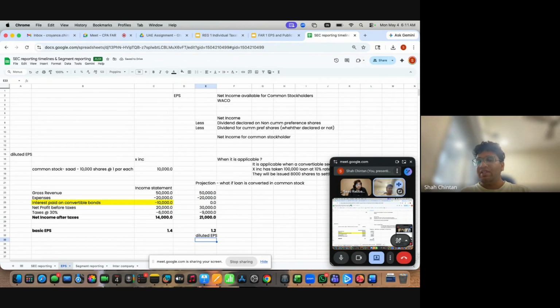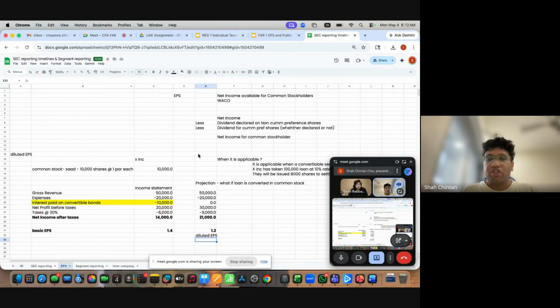So in diluted EPS, what we see is that if a convertible loan or a convertible debt becomes common stock in future, then how your EPS changes. The formula remains the same: net income available for common shareholders divided by the number of common shares outstanding.